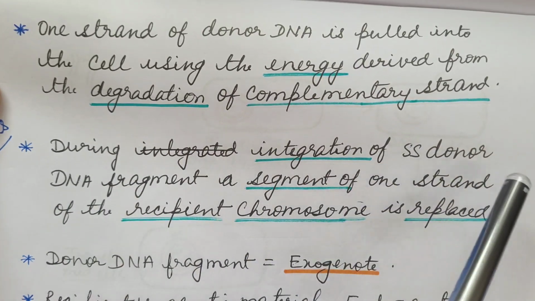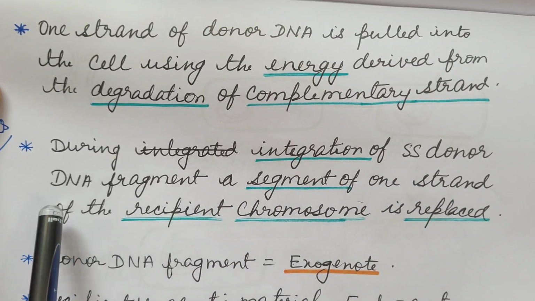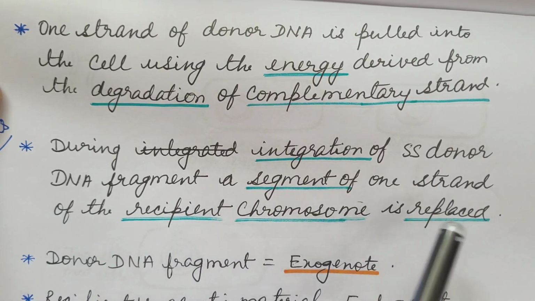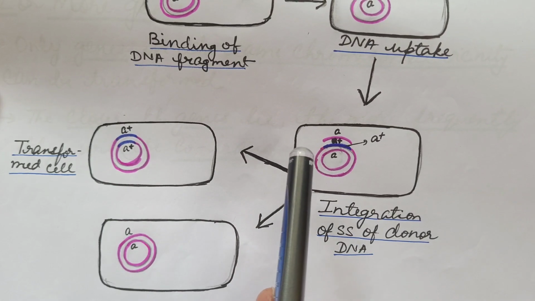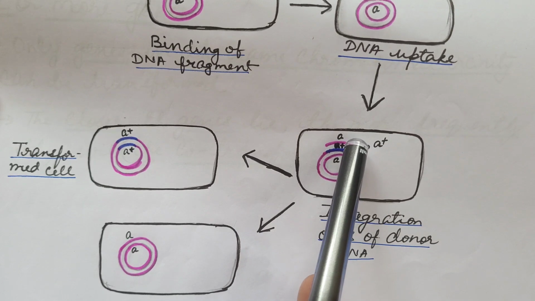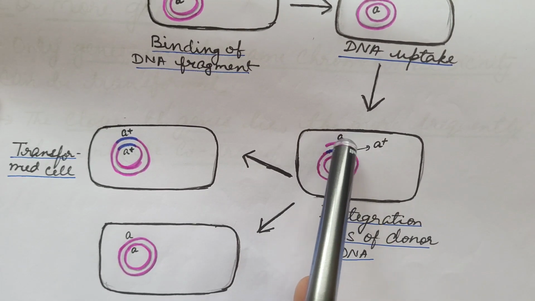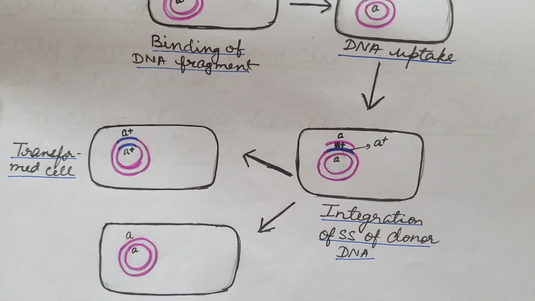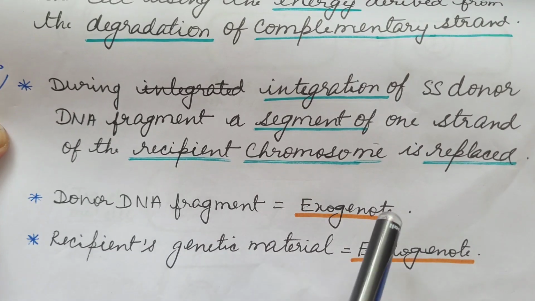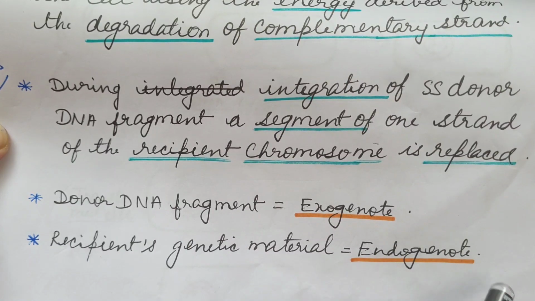During integration of the single-stranded donor DNA fragment, a segment of one strand of the recipient chromosome is replaced. So, as discussed earlier, this strand is integrated by replacing the fragment of this strand of the recipient DNA. The donor DNA fragment is known as the exogenote. The recipient's genetic material is known as the endogenote.